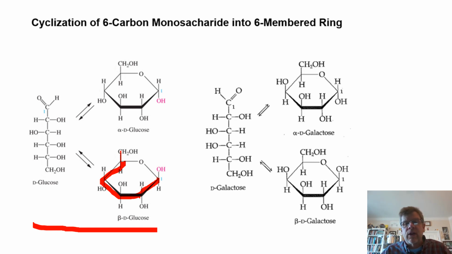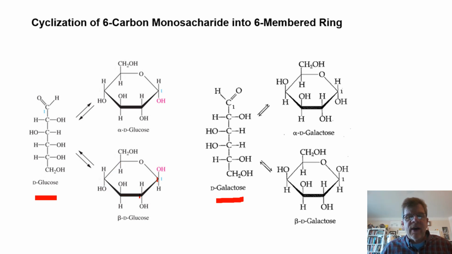Galactose is different than glucose, although if you just take a quick look at it, it would be difficult to tell. There is one structural difference. We'll talk about that as we move along. If you look at whether it's the Fischer projection of glucose and galactose or the cyclic Haworth projections, a slight structural difference becomes apparent.